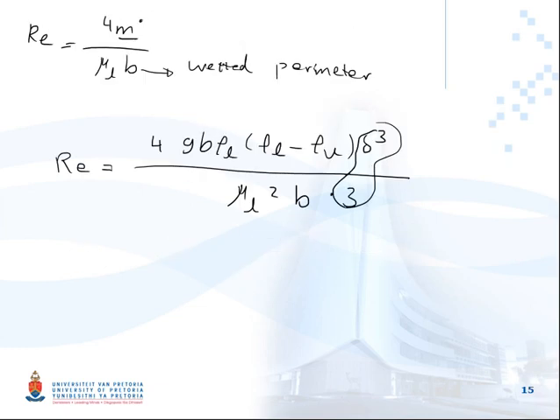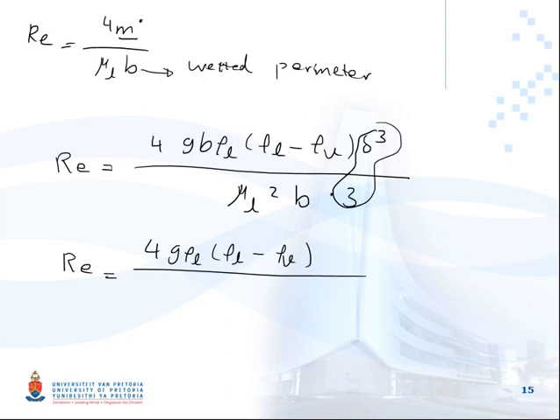So basically now the Reynolds number will be 4 g rho L times rho L minus rho V delta cubed over mu squared.